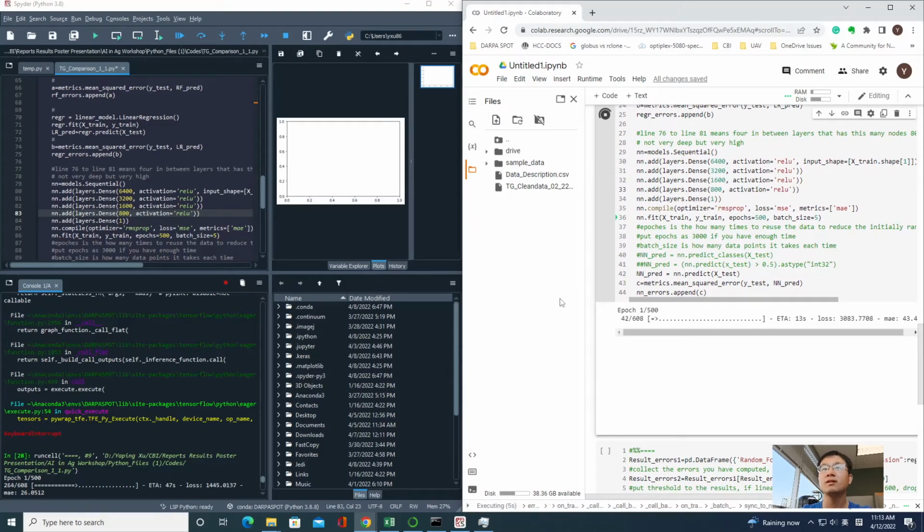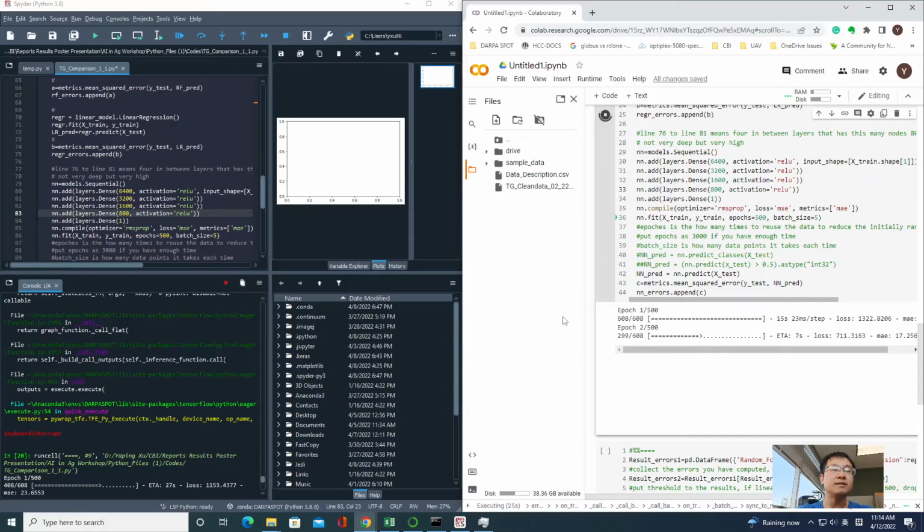Okay, right hand side started. 6, 5, 4, 3, 2, 1. 23 milliseconds per step.